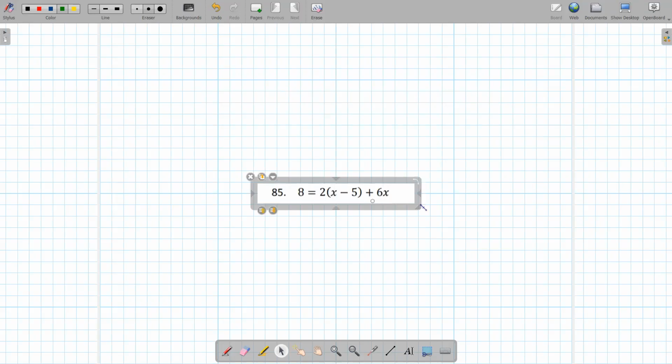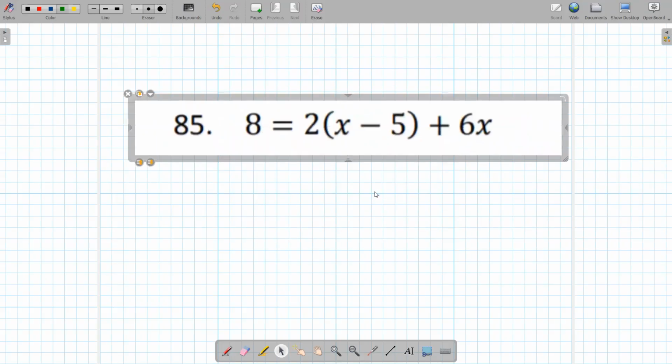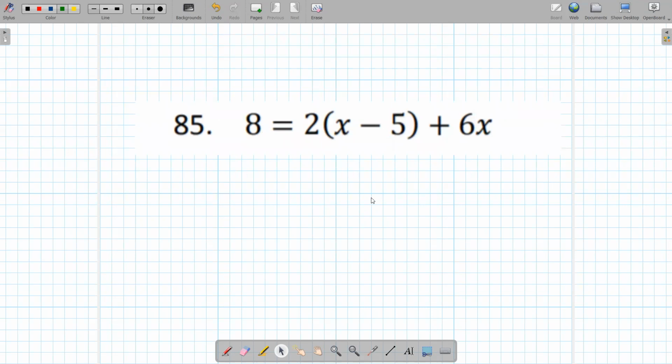What about this? Does it matter if you divide 2 or 6 first?